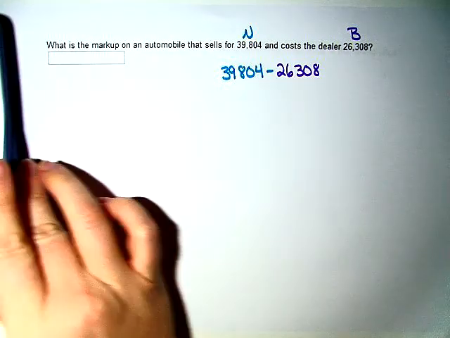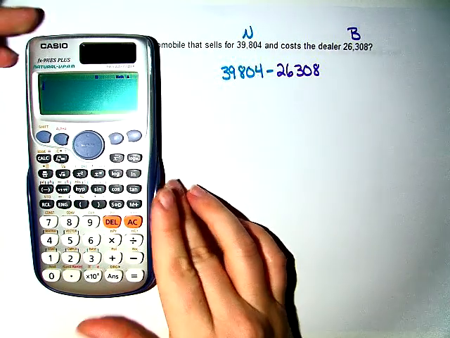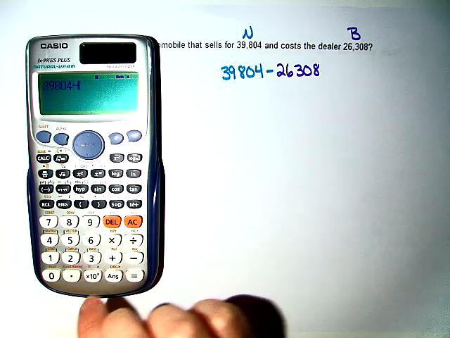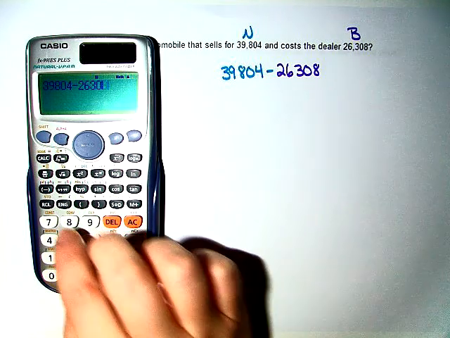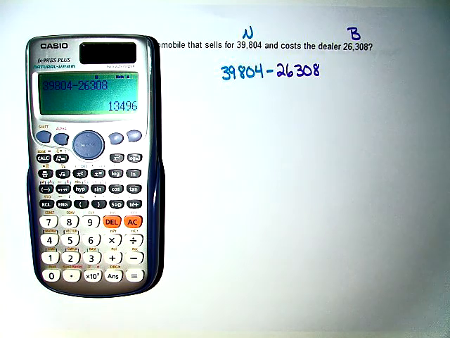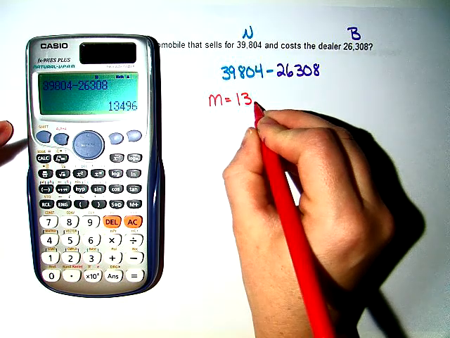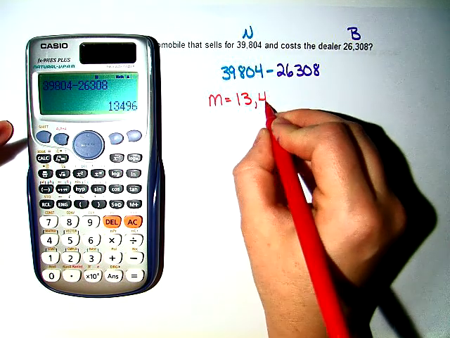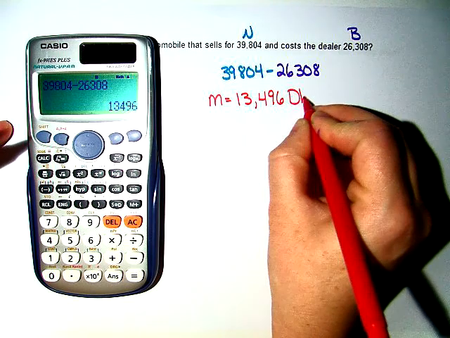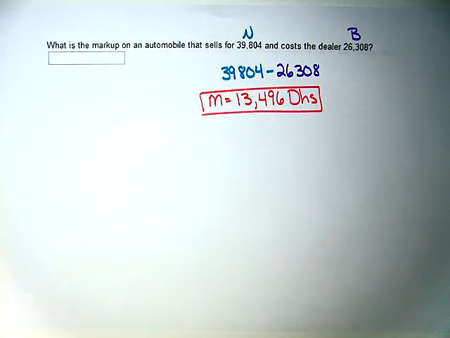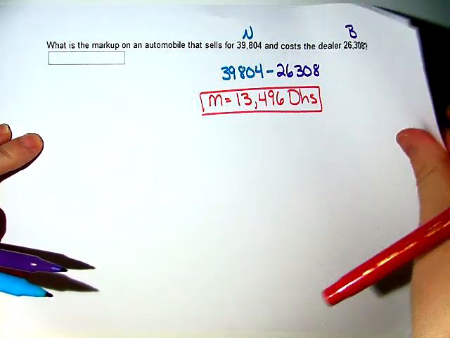So we get out our calculator, and I'm going to do that, 39,804, and subtract 26,308, and I get that my markup, or my margin, is 13,496 dirhams. Okay, that one was pretty simple. Let's try one more.